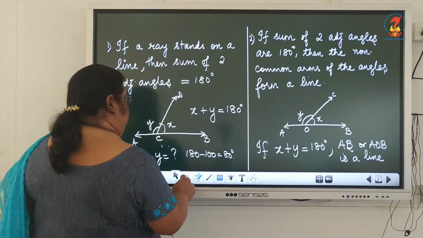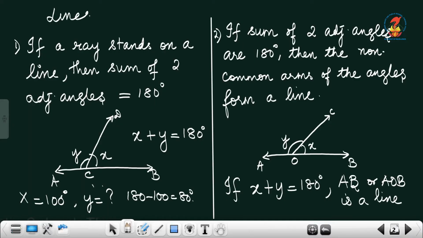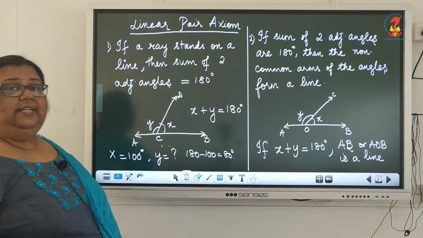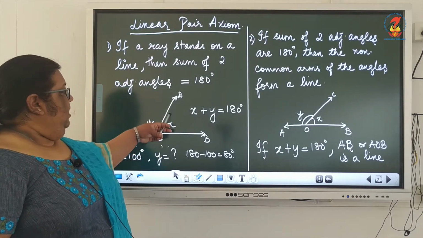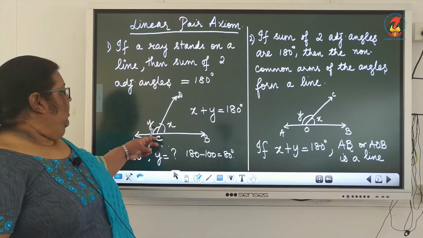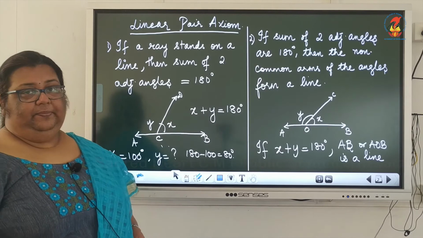These two statements together are known as the linear pair axiom. So what is the linear pair axiom? If a ray stands on a line, you can look into the figure, then the sum of the adjacent angles equals 180 degrees.